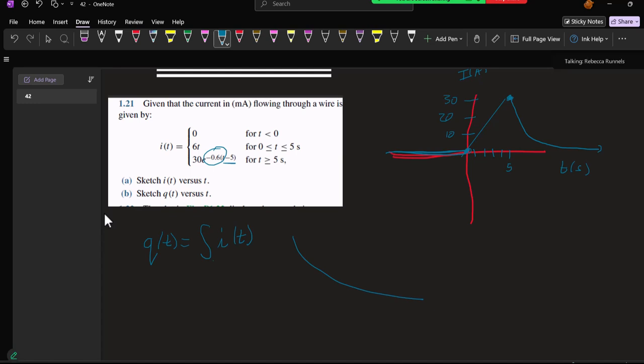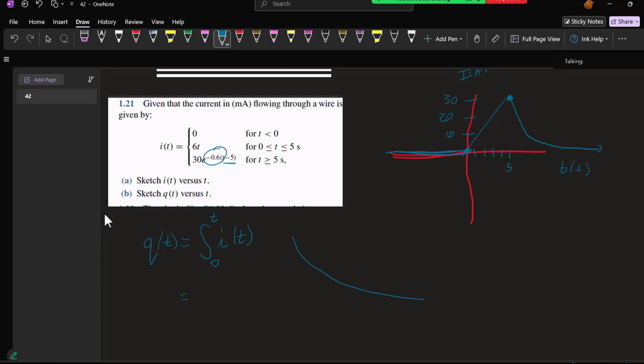But you do have to worry about what the charge was at the time that you started, because when you integrate, there is that constant of integration. So this would be from 0 to t.